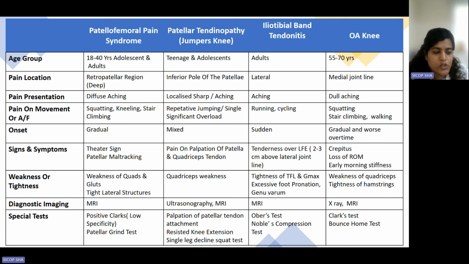Pain while running that gradually worsens is more likely to be of patellofemoral origin, whereas pain that occurs at the start of activity, settles after warming up, and returns after activity is mostly patellar tendinopathy. That's how you differentiate between the two.